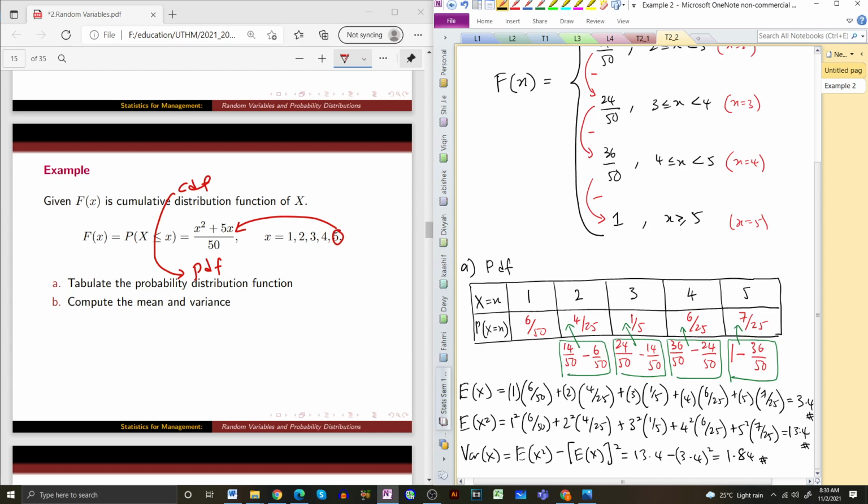This would be the answer for variance, standard deviation and mean.